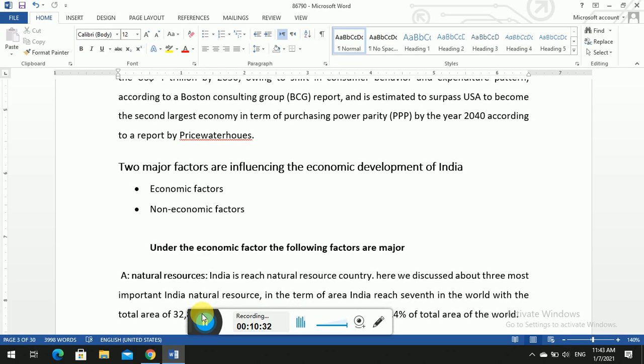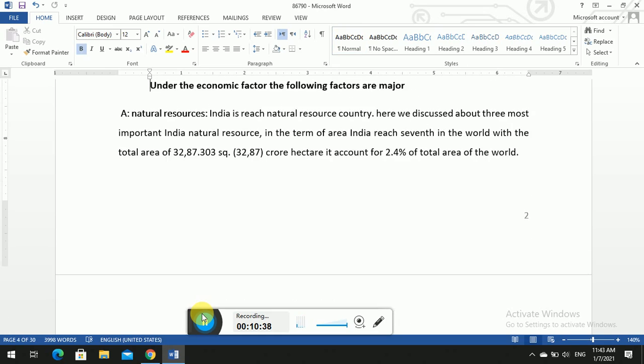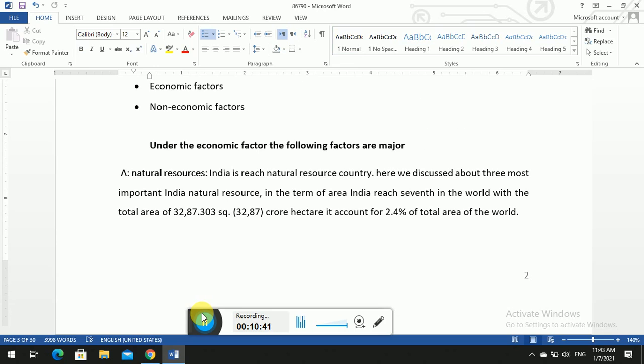Two major factors are influencing the economic development of India. One is economic factors and another is non-economic factors. Under economic factors there are many things, such as natural resources. India has many natural resources because of its varied weather.